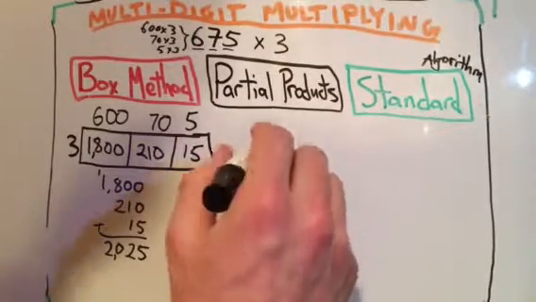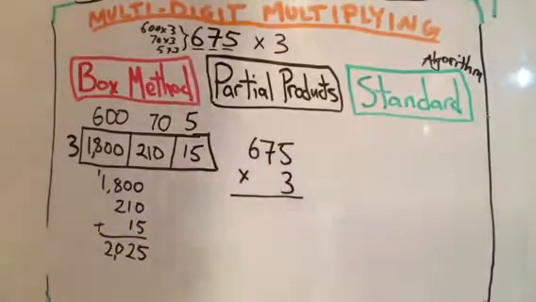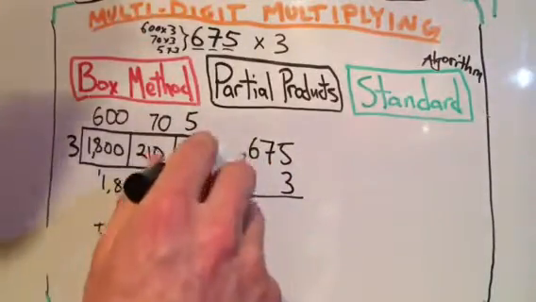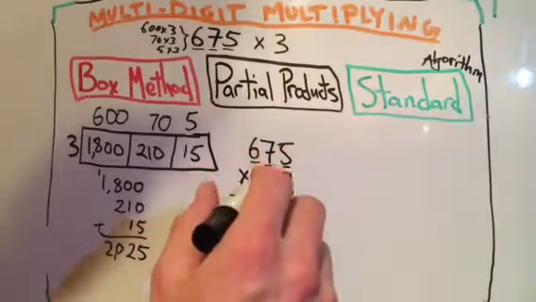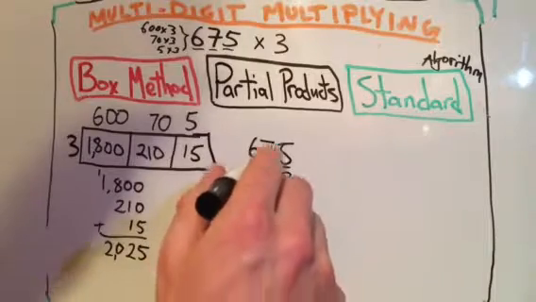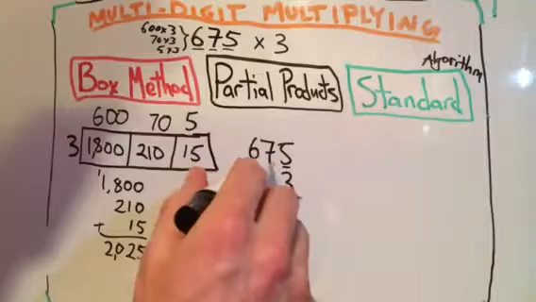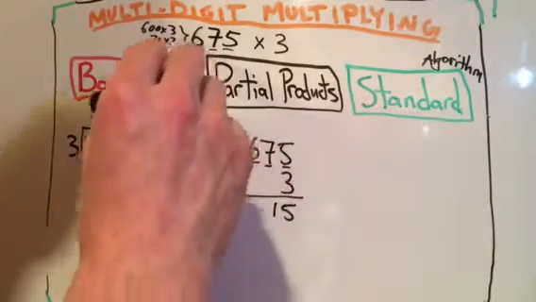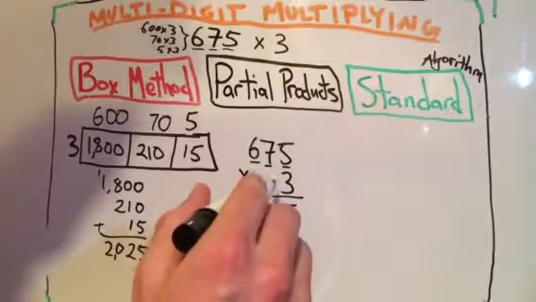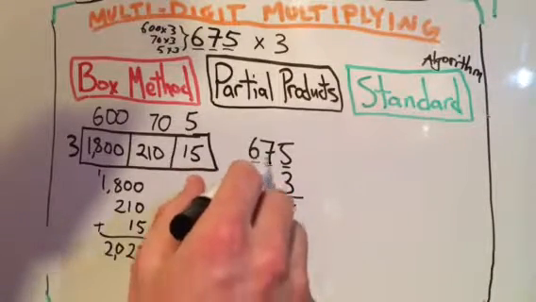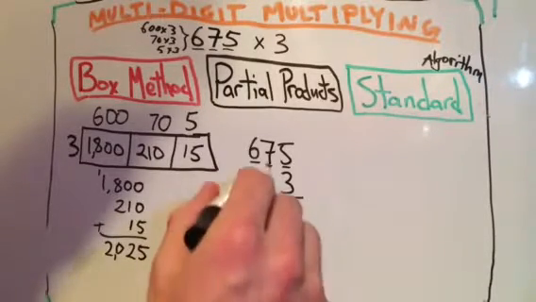When we look at 675 times 3 written vertically, we can still see that we have these three different place values, and we can still treat them separately if we want. 5 times 3 is 15. Now this 7 is not really a 7. Remember, it's a 70. 70 times 3 is the next step, the next part of this number. 70 times 3 is 210. It's 21.